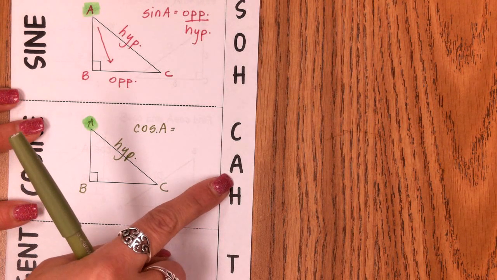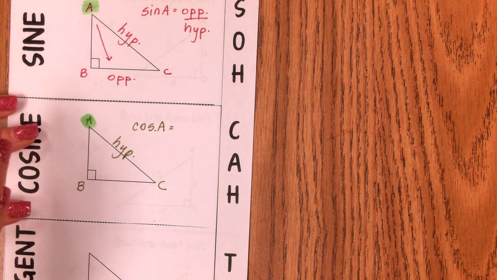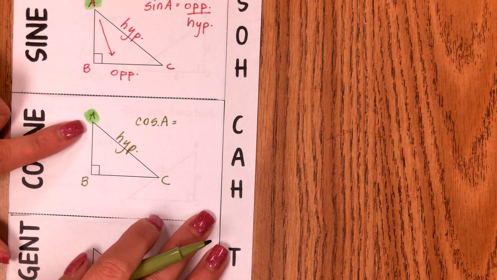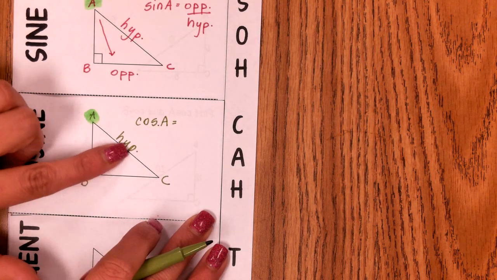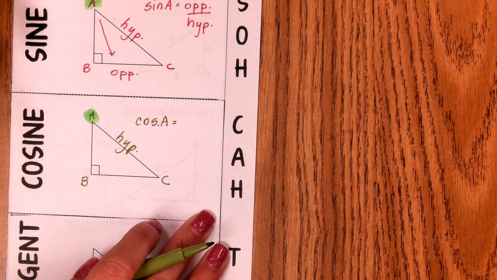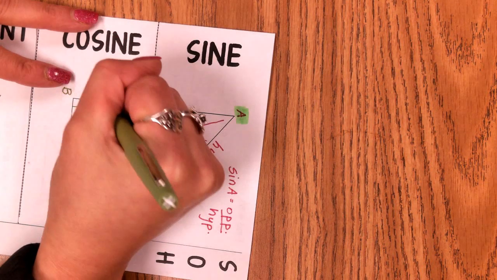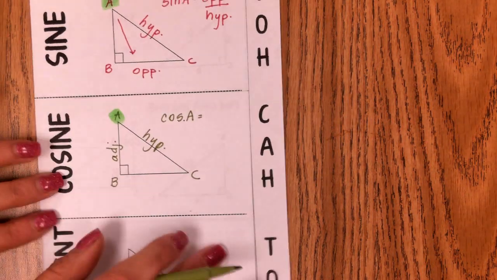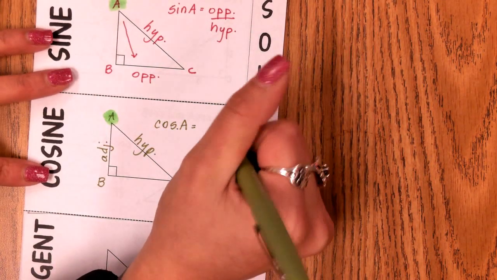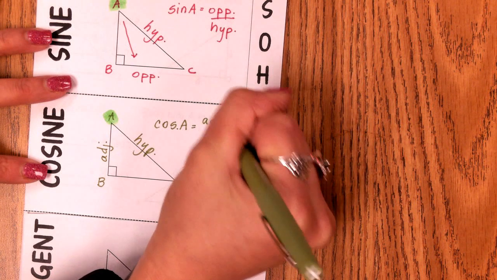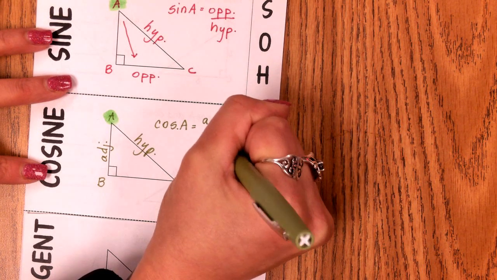The A stands for adjacent, which means right next to. The side that is right next to angle A would be this side right here. It can't be this side because that's already called my hypotenuse. So over here I'm going to write an abbreviation for the word adjacent. The cosine of A is found by putting the adjacent side over the hypotenuse.